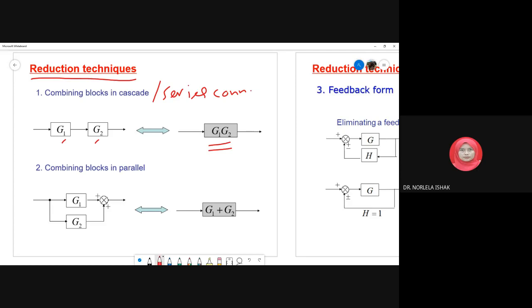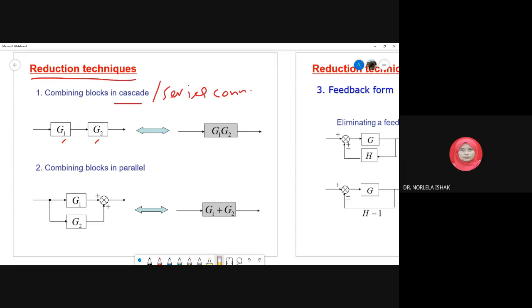Let's say the first one, cascade. We have G1 and G2, and we can combine these two blocks by multiplying G1 with G2. This is the reduction technique: from the complex block diagram you see a lot of blocks, and you have to find which one is a cascade, and then you can simplify it.